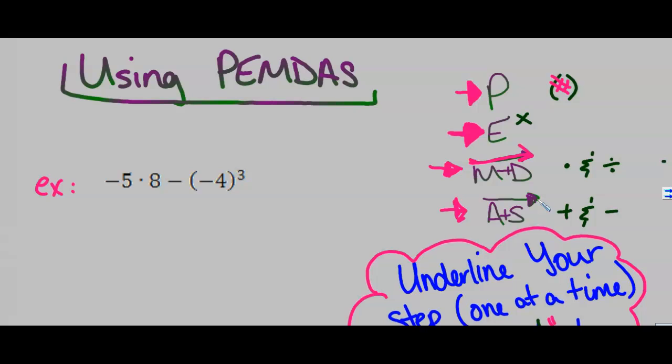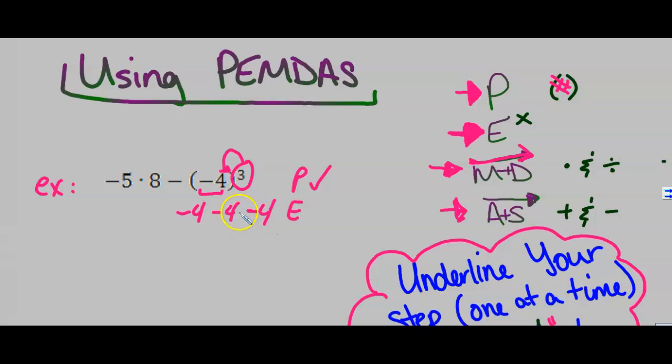All right. So here we have an example. We see parentheses, but there's only one number inside, so P is done. Exponents. Here is an exponent. What is in front of that exponent? We have the parentheses. So this is telling us that there are 3 -4s. We're going to write them down. 1, 2, 3.